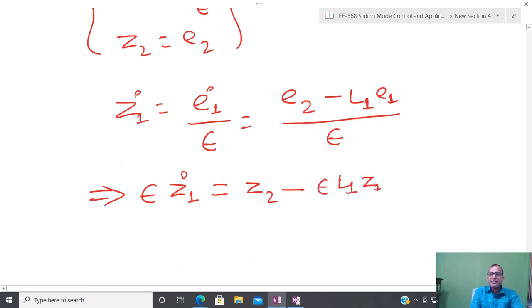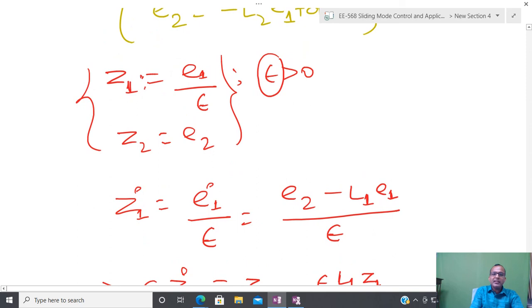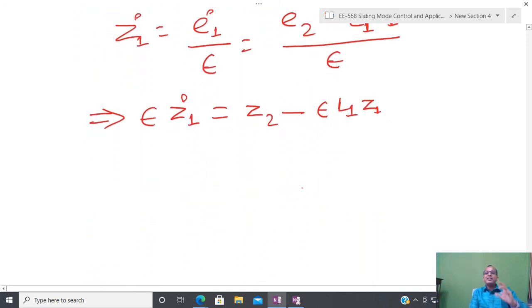Does anyone have confusion on this? I have just substituted E1, which I defined as epsilon into Z1. I am expressing the system in this form because I have to establish a relation between L1 and L2.